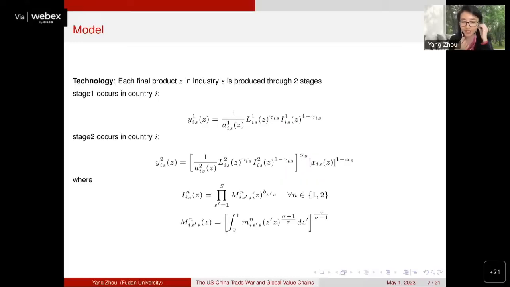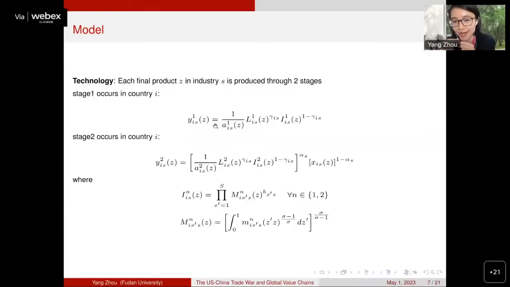As for the technology, here is the part where I model the global value chain in my paper. This is the technology for each final product Z in an industry. I assume that each final product Z is produced through two stages. Suppose stage 1 occurs in this particular country I, here is the production function.